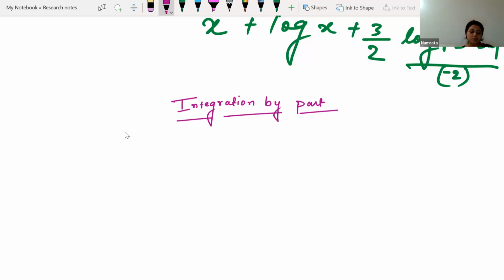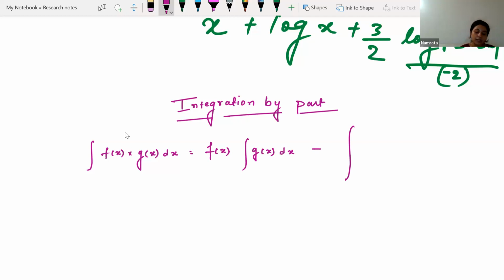So let me take the formula first. Therefore, the formula says that integration of f of x into g of x dx can be done as, if we are having two functions, don't worry, I'll be taking the question and then it will get more clear. Let me write the formula first. So it says the first function, integration of second function, minus integration.